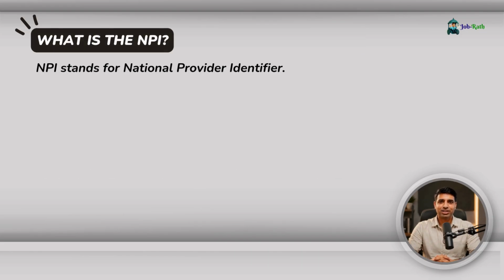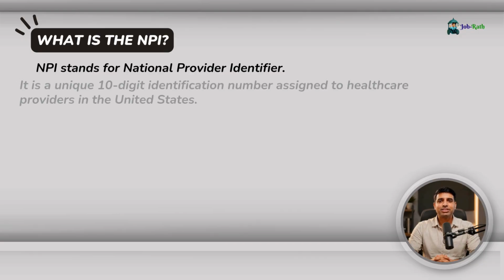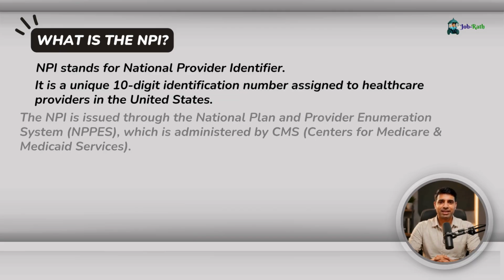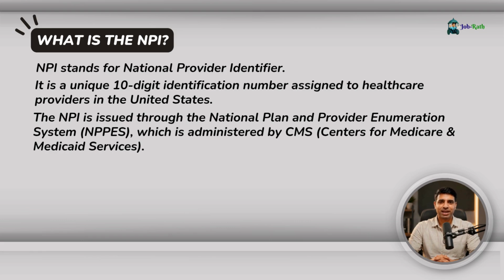NPI stands for National Provider Identifier. It is a unique 10-digit identification number assigned to healthcare providers in the United States. The NPI is issued through the National Plan and Provider Enumeration System (NPPES), which is administered by CMS, the Centers for Medicare and Medicaid Services.